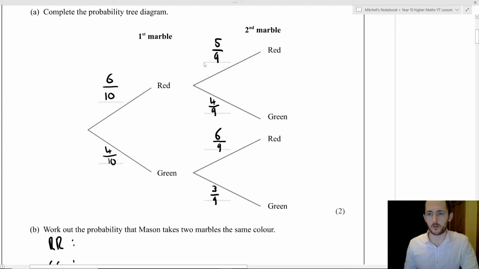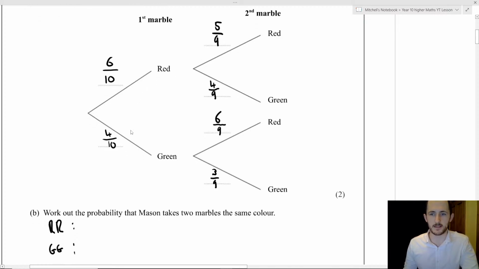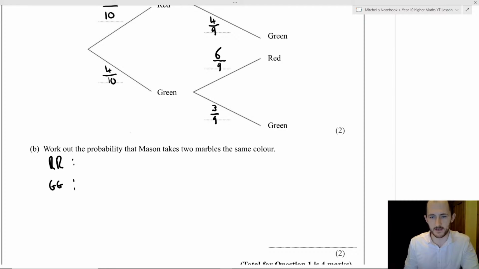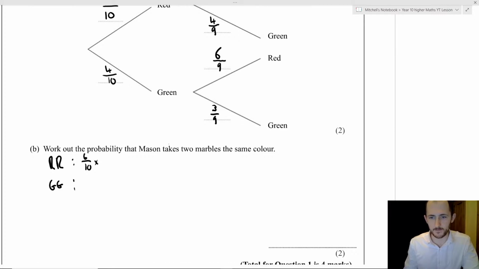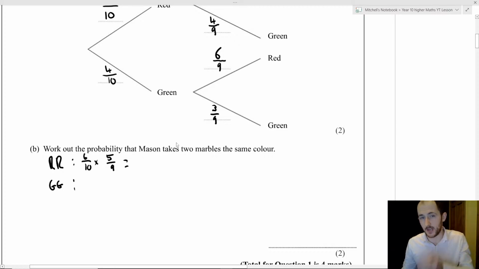Now when we go across the tree, like along it here, we times the probabilities. So in this case we'll have 6 over 10 multiplied by 5 over 9. Another way to look at it is we want the probability of getting a red and another red.